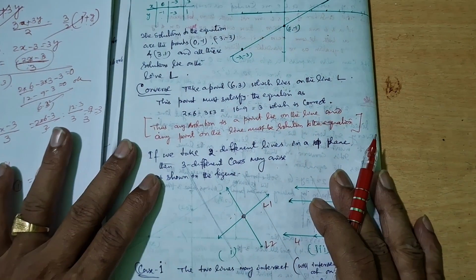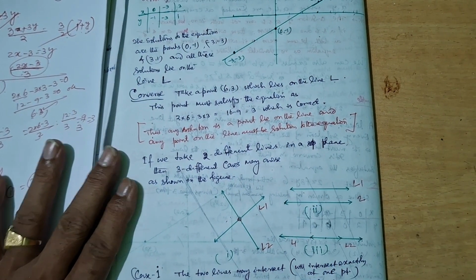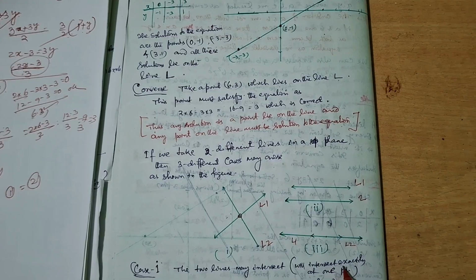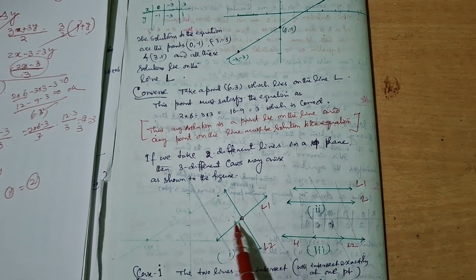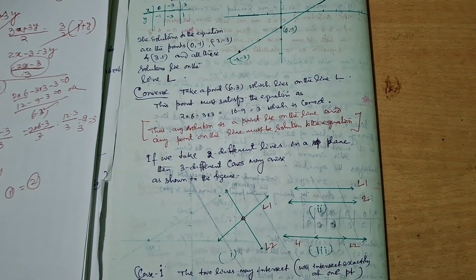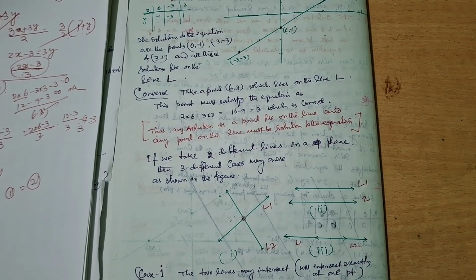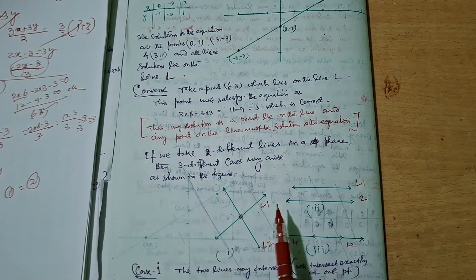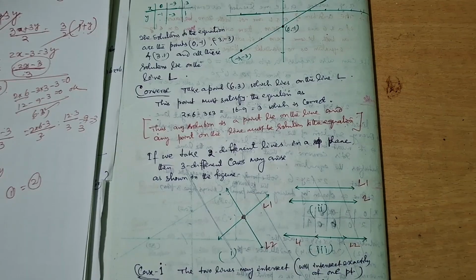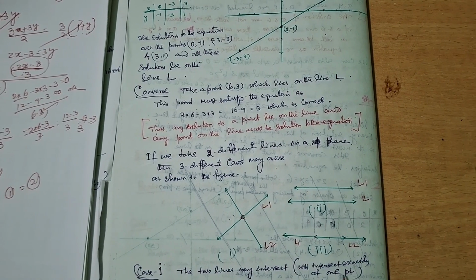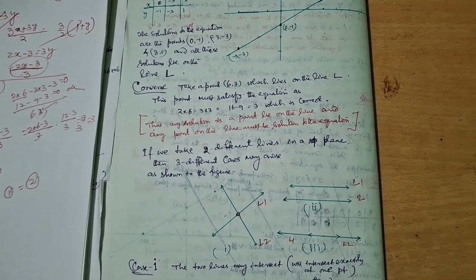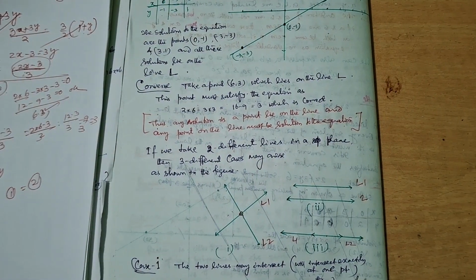So there are only three conditions. Two lines may intersect exactly at one point, point P. Lines may be parallel, not intersecting. Parallel means non-intersecting. And two lines may coincide, meaning the same one line. They will coincide with each other.